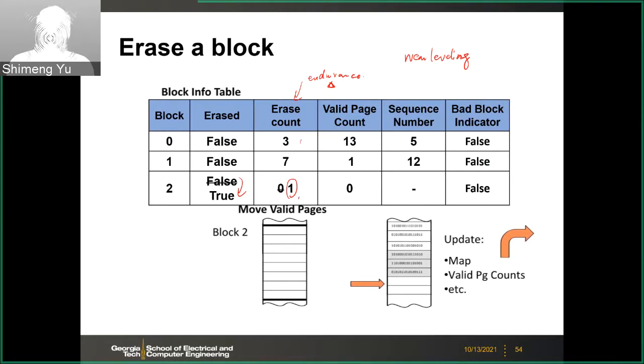You need to look at the erase count for different blocks, and if you need to erase, you have to consider which one to erase to balance the erase count across the blocks. So this can improve your lifetime. If you heavily use one block, that block will become dead eventually. So you don't want to do that. This FTL block information table will help you determine which block to erase.